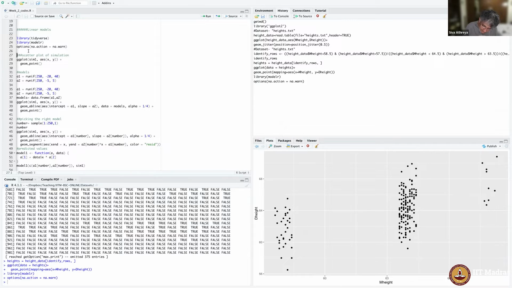Install it if you don't have it, and the data set that we use is called sim1.